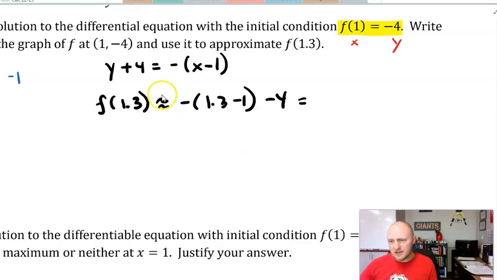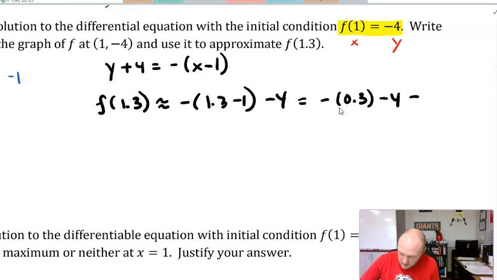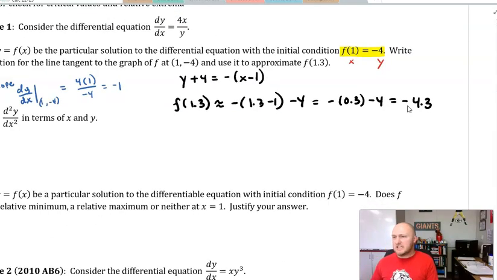I like to always use that approximation symbol there. I have not been a grader yet at the AP exam. Maybe one day I will find out if that makes a huge difference. -0.3 minus 4, that's going to be -4.3. There you go. That's approximating using the tangent line.